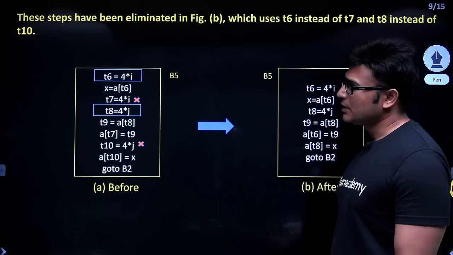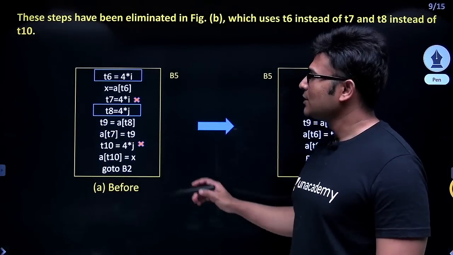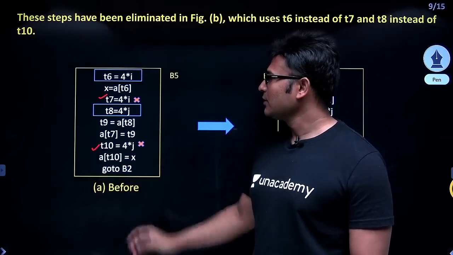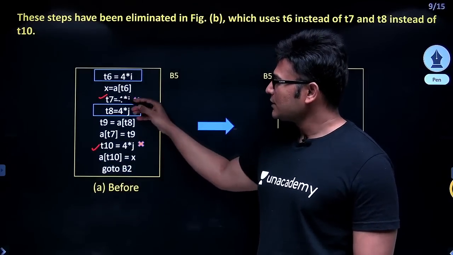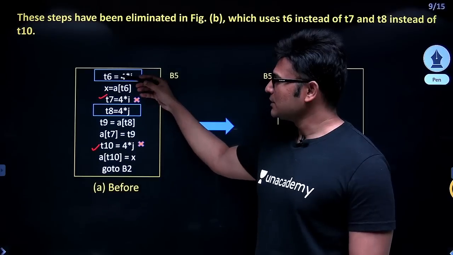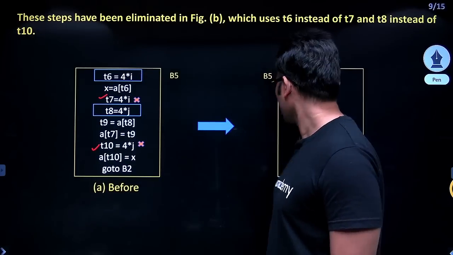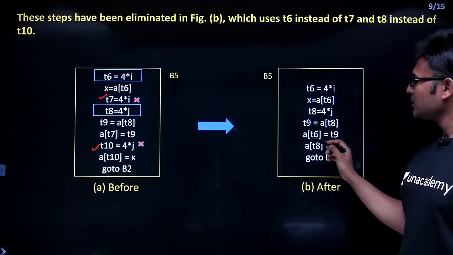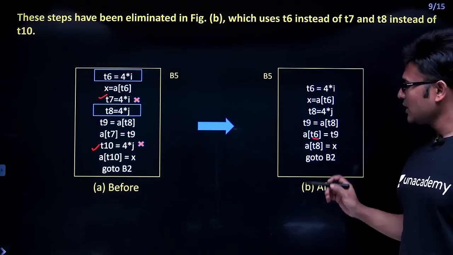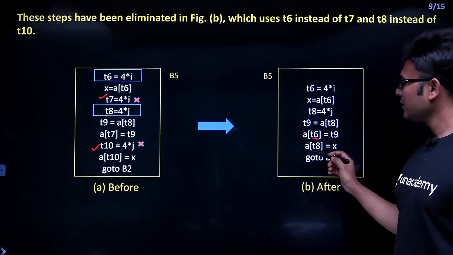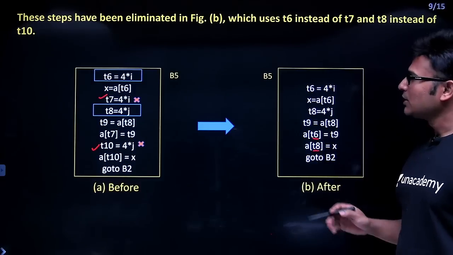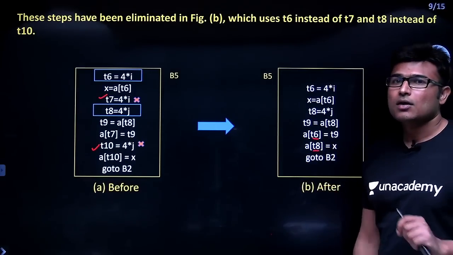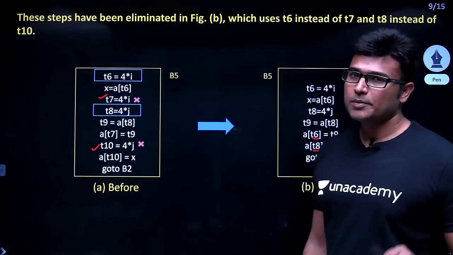So I am just eliminating T7 and T10, and wherever T7 and T10 are there I am replacing them with T6 and T8. Wherever T7 is there I replace it with T6, and wherever T10 is there I am replacing it with T8. So if you do this, then it is called local common sub-expression elimination.